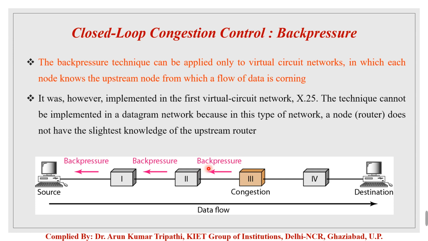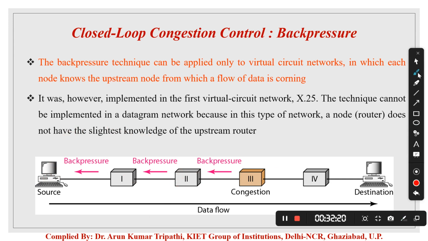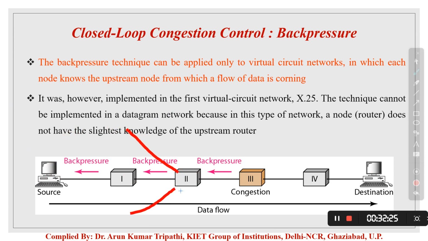Suppose that this is the router that felt there is a congestion. It will inform back to the upper layer router, and that will inform the upper layer in turn. This may be possible if there are a number of networks admitting, means there is one path this one, another path this one, third path this one, fourth is this one.